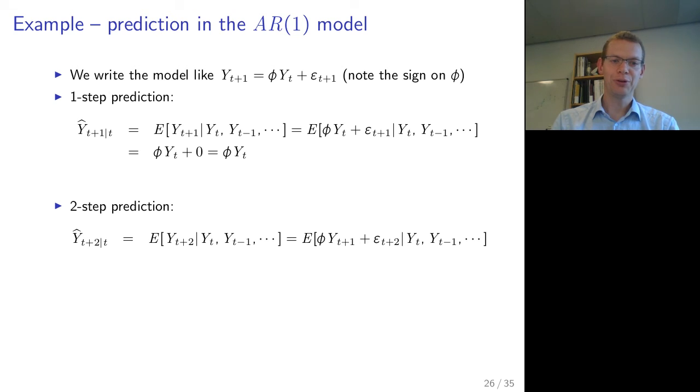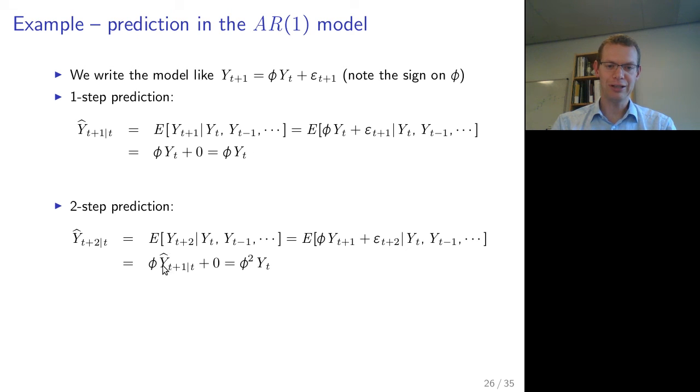If you do want to do a two-step prediction, we do the same thing, except that now we only get to phi times y_{t+1} plus epsilon_{t+2}. But we cannot do anything about this right now, except that we could do what we did before and insert the expectation that we had from up here.